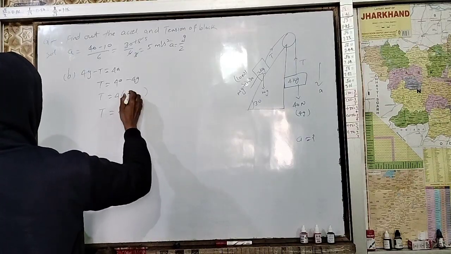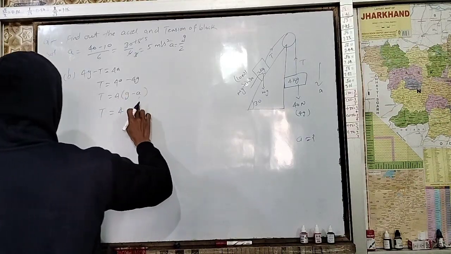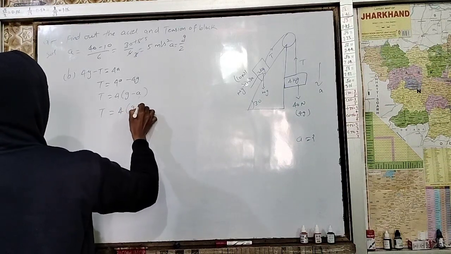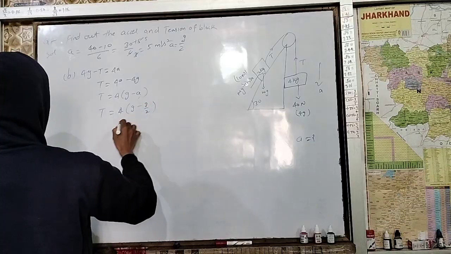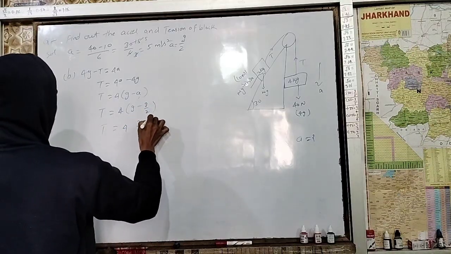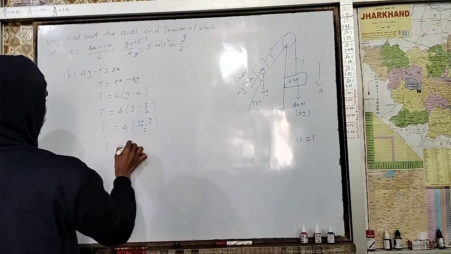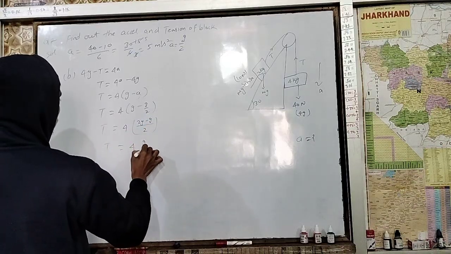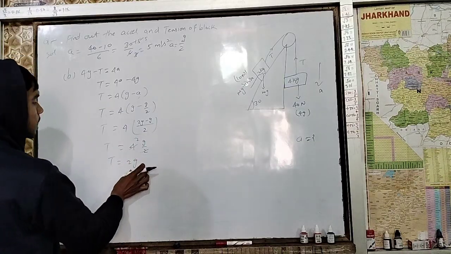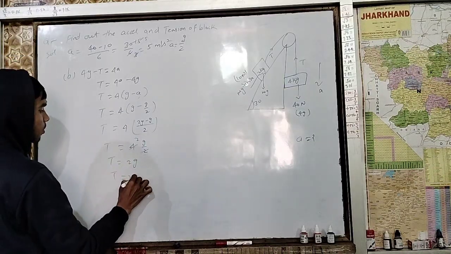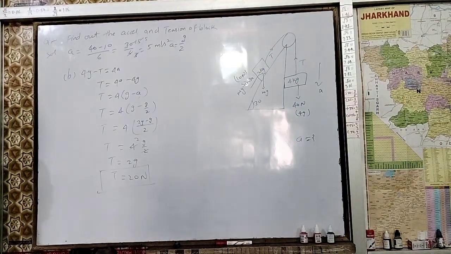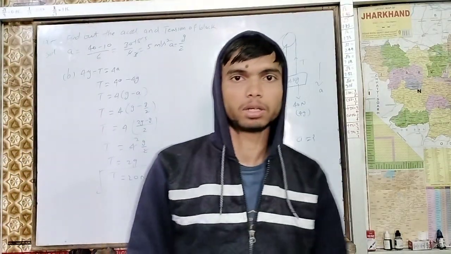Then 4 times g upon 2 minus g gives 2g. T will be 2g, means g is 10, so our tension will be 20 Newton. That is how you will find tension and acceleration.